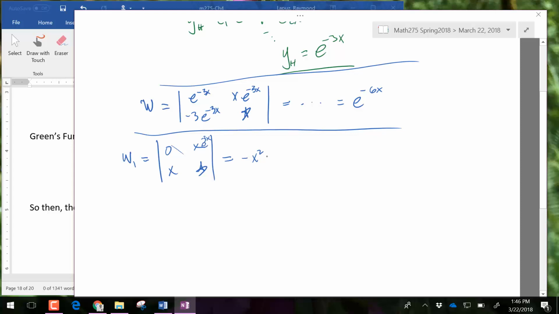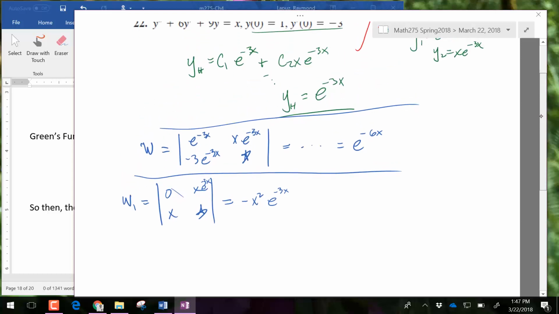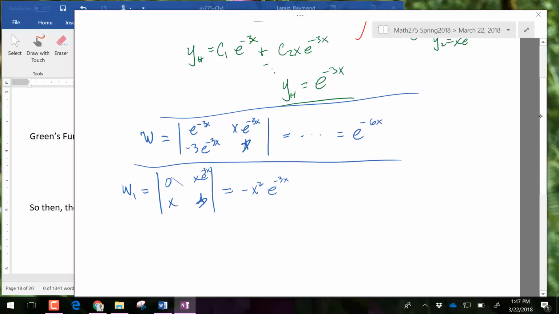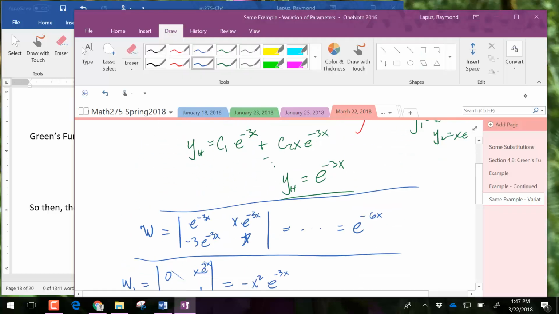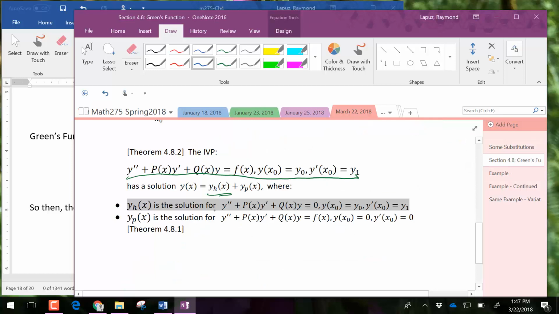Yeah. Because we did it in the previous page, and it's the same work that we would do. Because we're assuming the solution for this is supposed to be the y sub h, where it's a solution to the homogeneous differential equation with the same initial conditions.